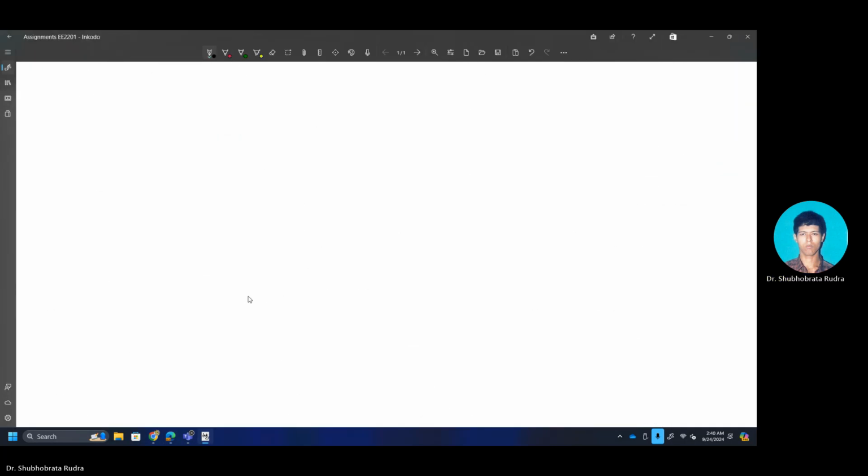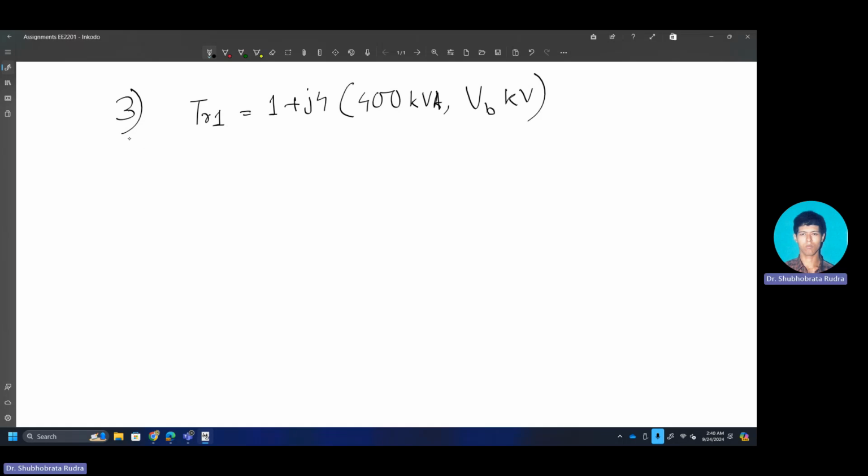So for question number 3, you will have the first transformer 1 plus j4 having base 400 kVA and some base voltage, say 50 kilovolt, and the second transformer TR2. When you convert this TR2 to 400 kVA, what will happen?